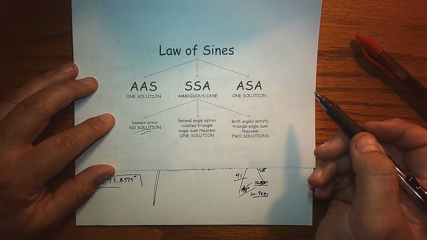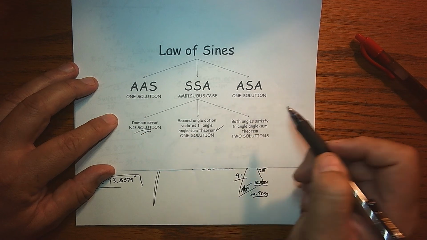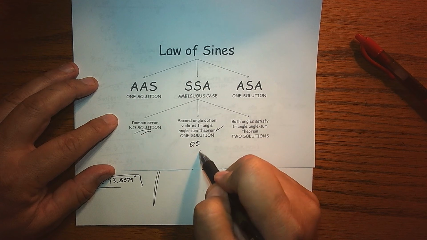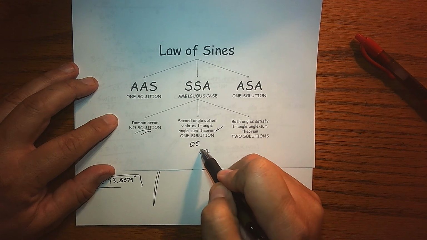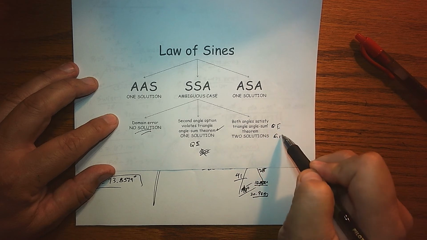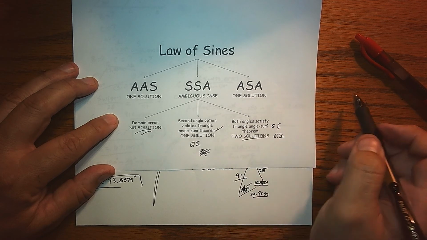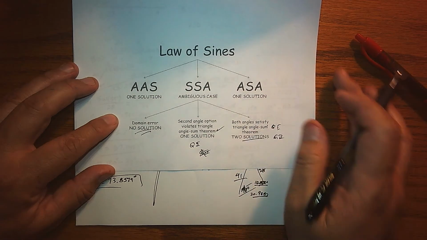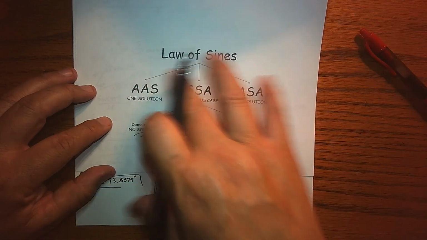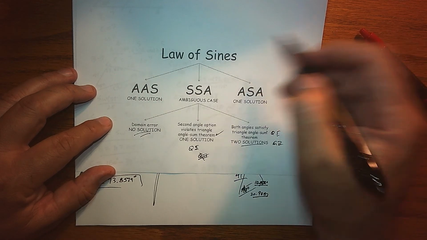We get a domain error. We get one solution, so the one in quadrant 1 is the only one that works. The one in quad 2 gives us a negative possibility, or we have a quad 1 and a quad 2 answer that actually do in fact work. Right, and we've seen that a couple of times already. We saw that once. But there's kind of a little flow chart on how we use the law of sines.